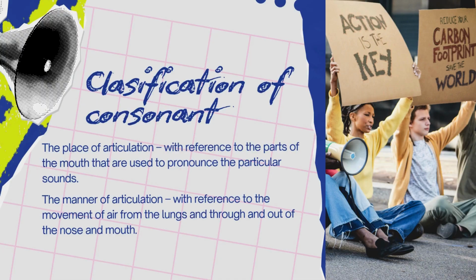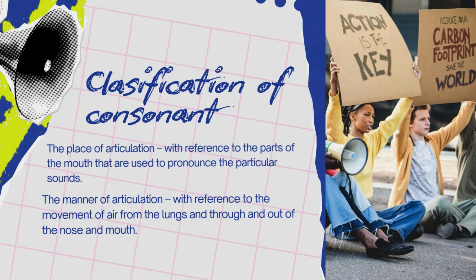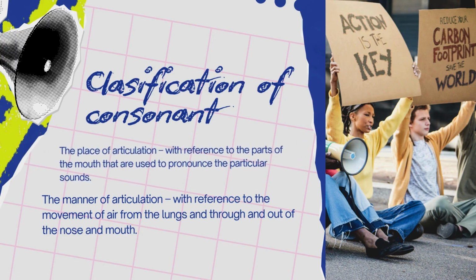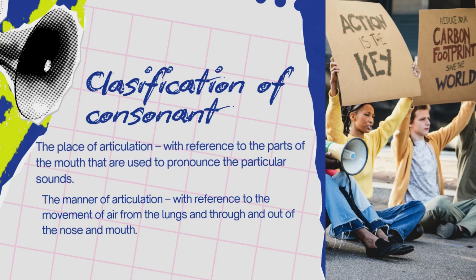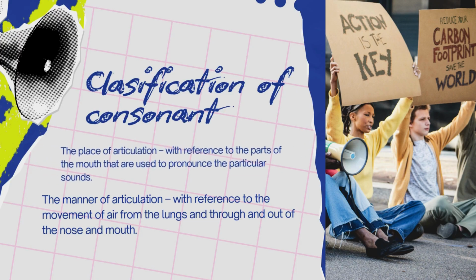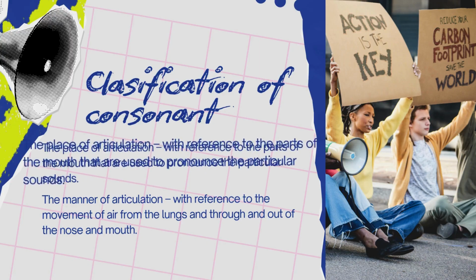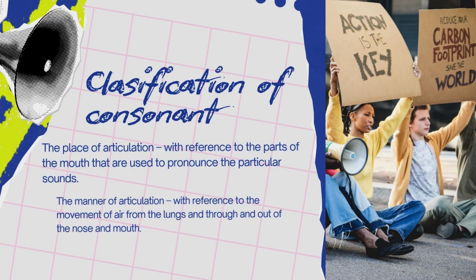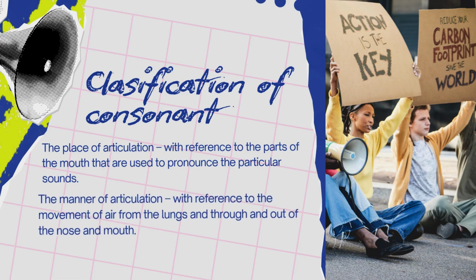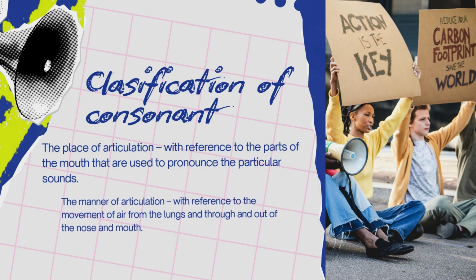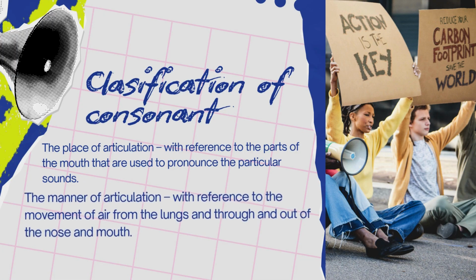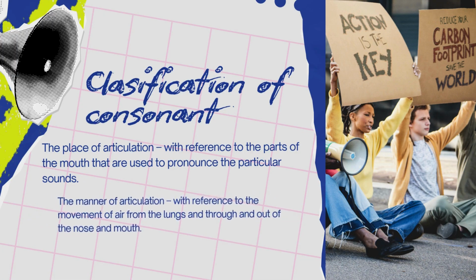There are two classifications of consonants. The first one is place of articulation, with reference to the part of the mouth that is used to pronounce the particular sounds. Then the second one is manner of articulation, with reference to the movement of air from the lungs and through and out of the nose and mouth.